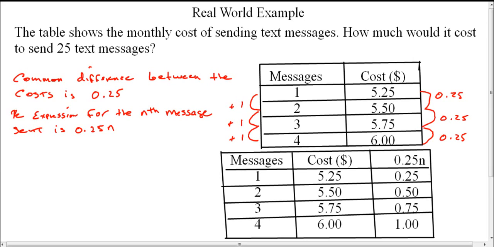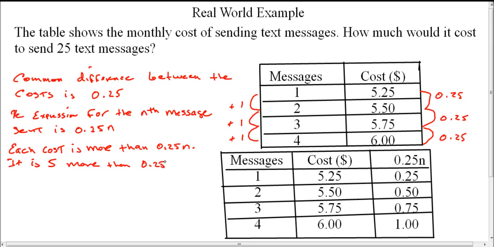Well, each cost is $5 more than 0.25n. We look at the cost, so these costs are more than 0.25n. Actually, it's $5 more. Okay, so it's $5 more than 0.25n.